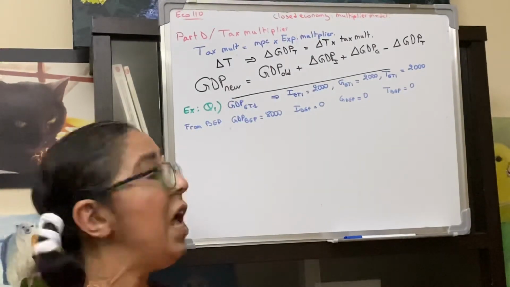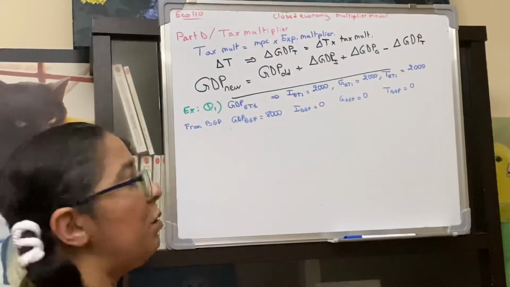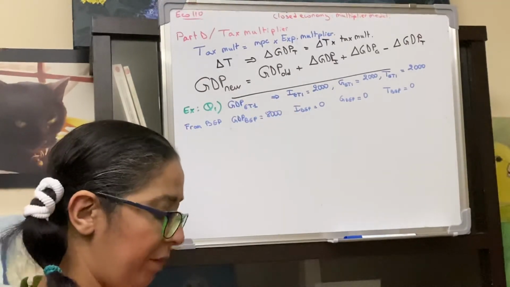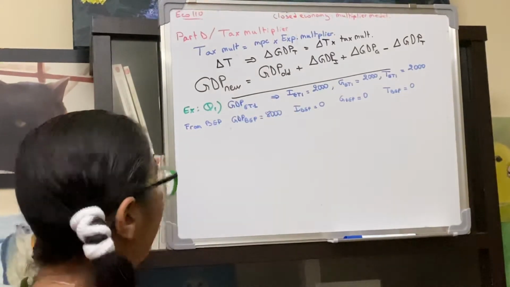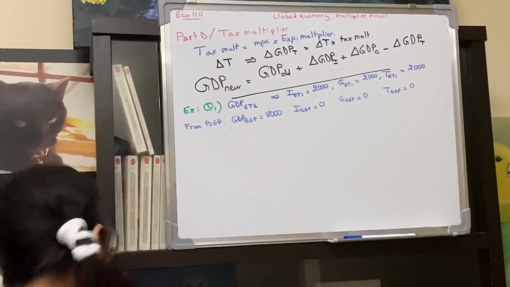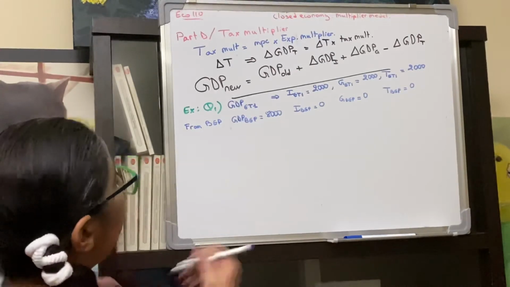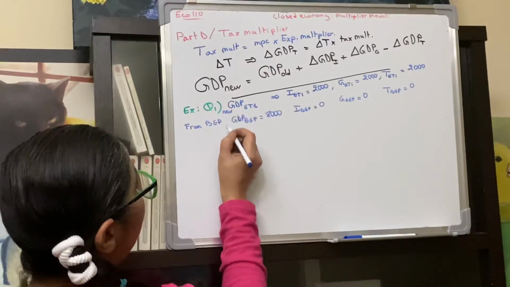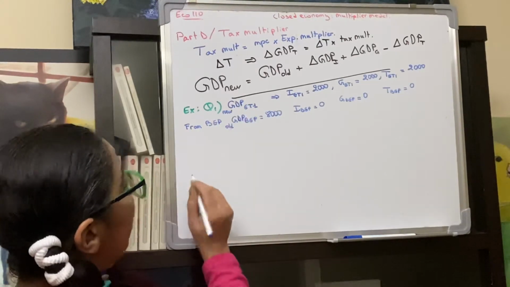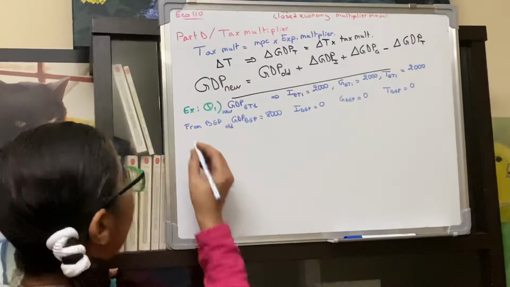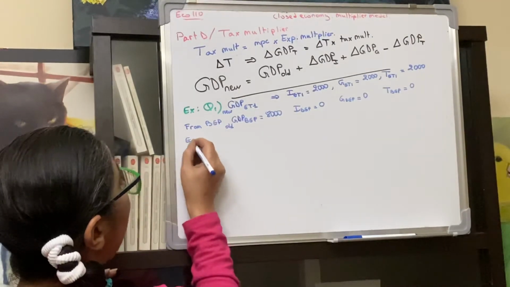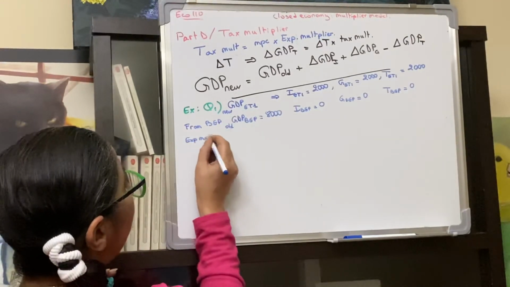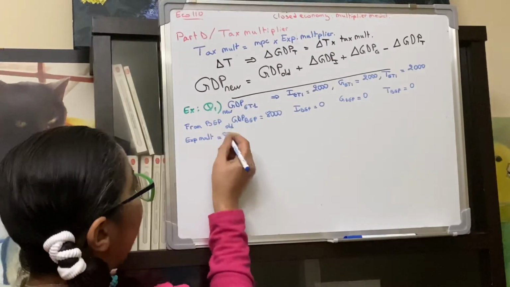Okay. Now we're going to see what's going to happen. Same rules. We're going to calculate the deltas. Now I wrote this one first. This is the new, and this is the old. I had earlier the expenditure multiplier was equal to 8.